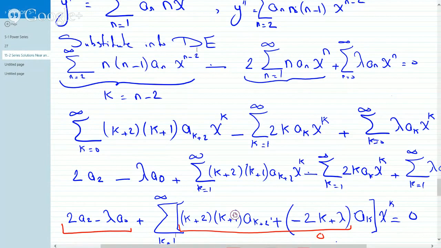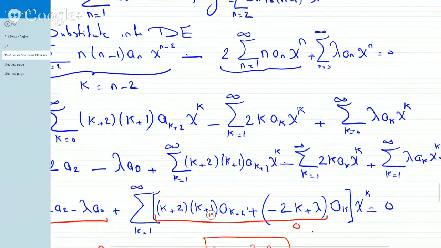Yeah, this is plus when x is 0, this is n is 1, n is 1 and n is 2. Yeah, this is a plus here.